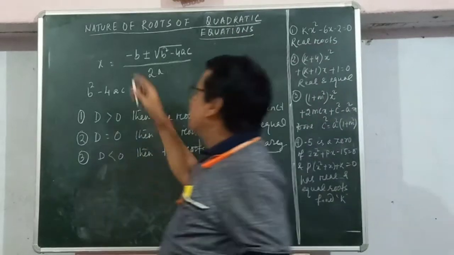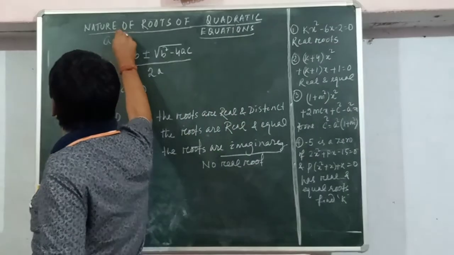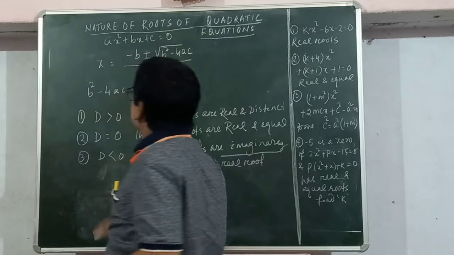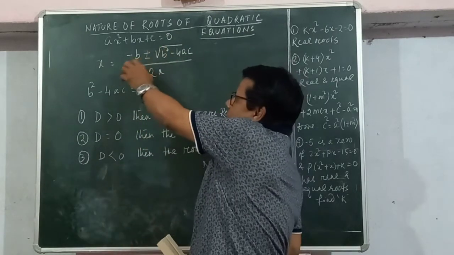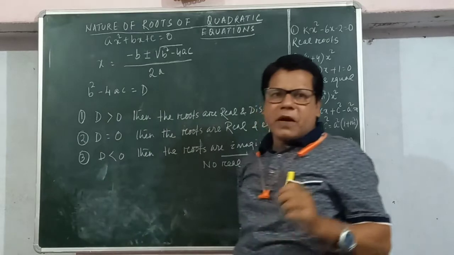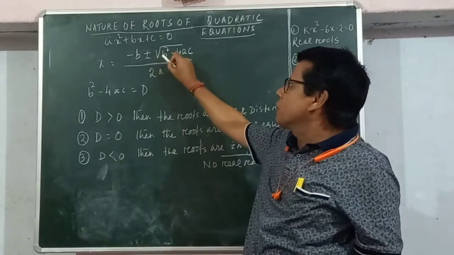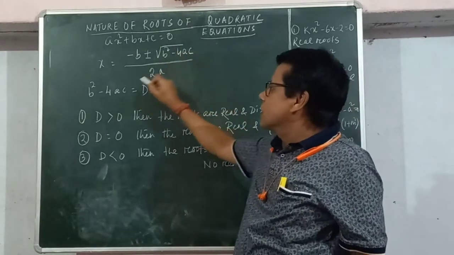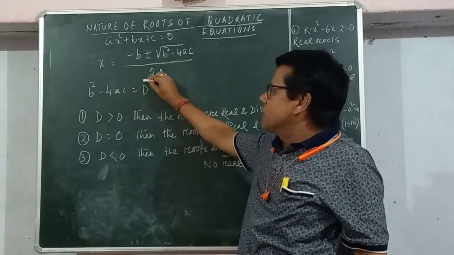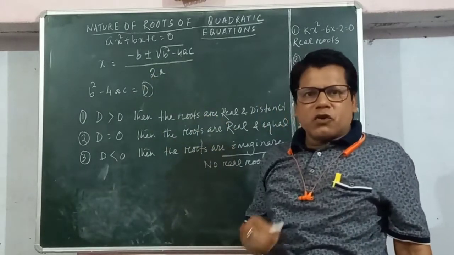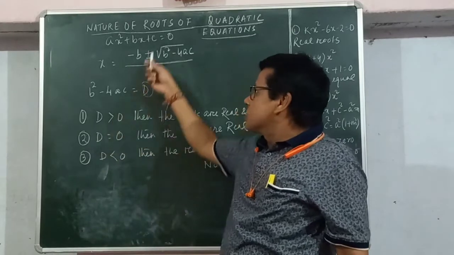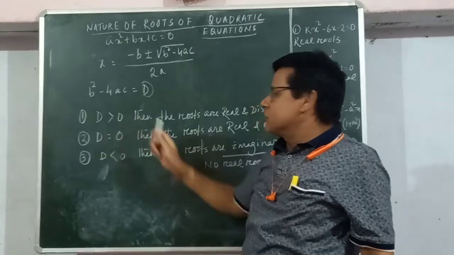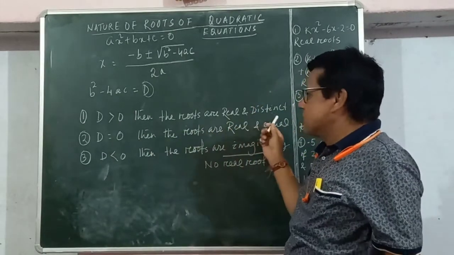The general form of the quadratic equation is ax square plus bx plus c is equal to 0, and the roots are given by x is equal to minus b plus minus root over b square minus 4ac by 2a, where b square minus 4ac is known as the discriminant, denoted by D. According to the value of D, if D is greater than 0, the roots are real and distinct.